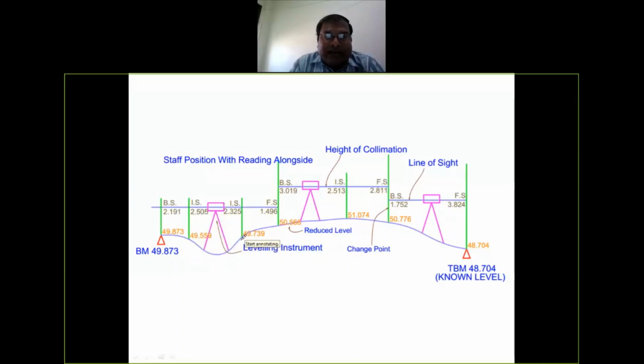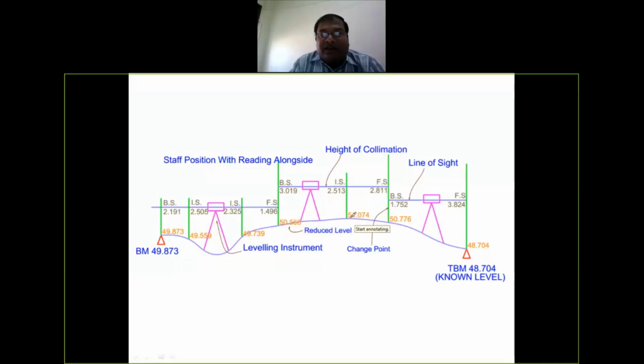Same way, for this point, you already have the height of the instrument, you just deduct the IS value 2.325 from your height of instrument value, you will get the RL of this particular point. You can see 49.739 is the value there. Same way here, you have to deduct your foresight value 1.496 from the height of the instrument, you will get the RL of this particular point.